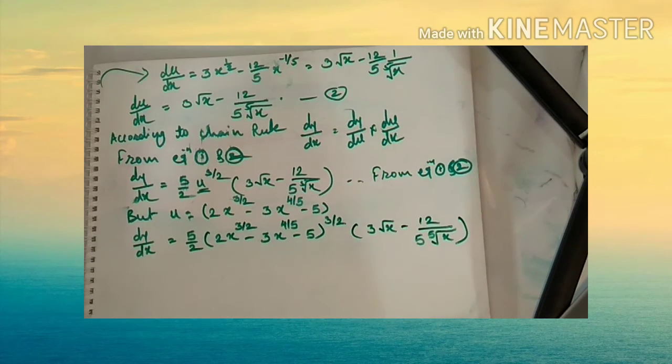This is the final answer of the given problem. Very simple. Okay, y was given as 2x raised to 3 by 2 minus 3x raised to 4 by 5 minus 5 raised to 3 by 2. We consider this as u and we turn it into the chain rule.